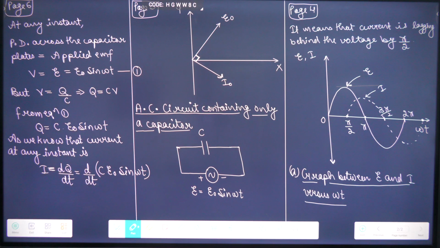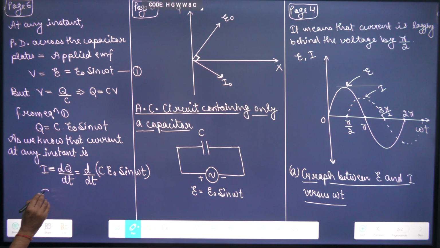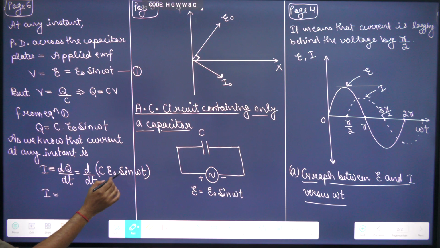C E naught is constant. What is the variable term? Variable here is small t, and sine omega t is the variable term because it is containing small t.